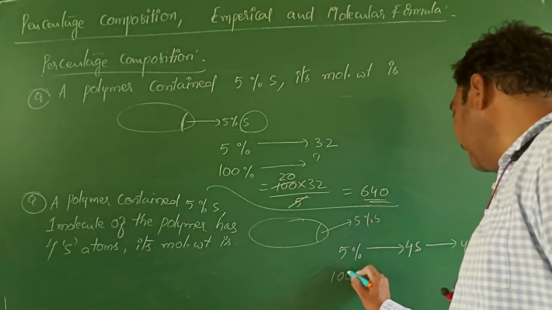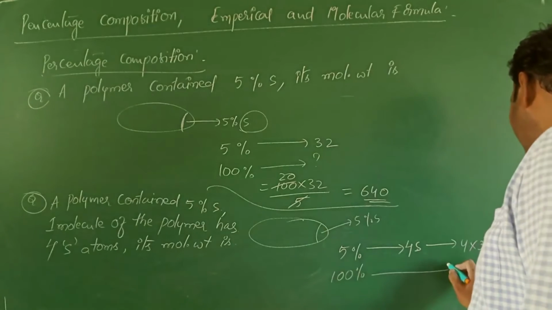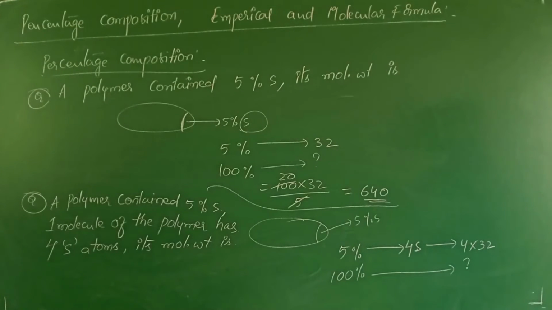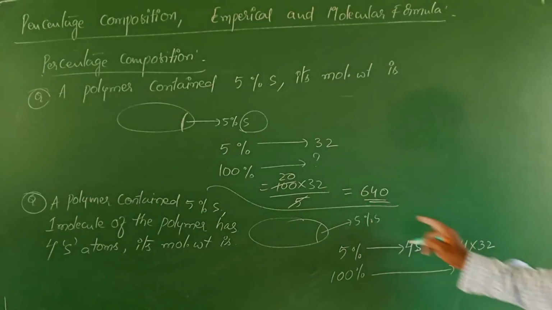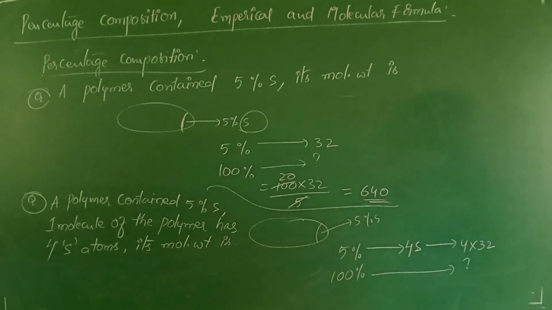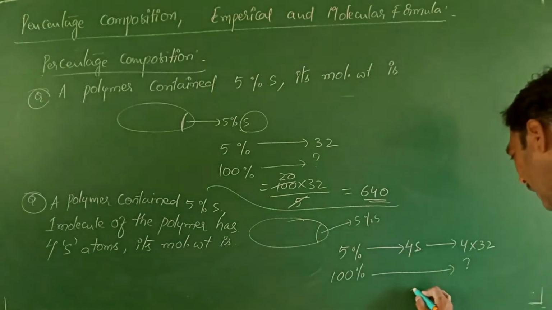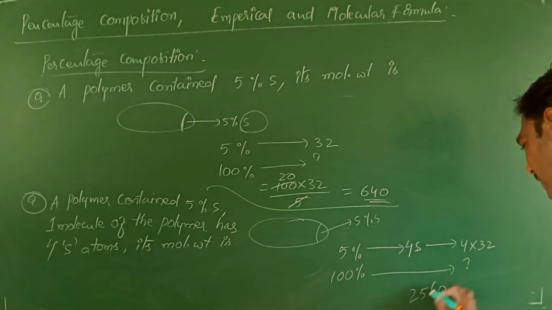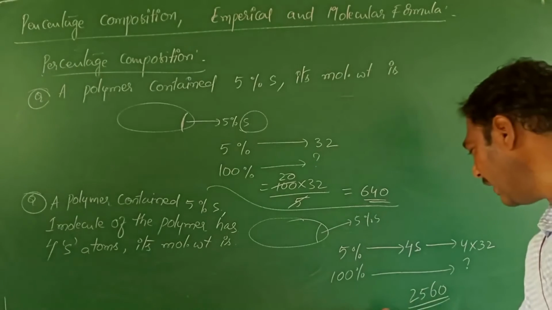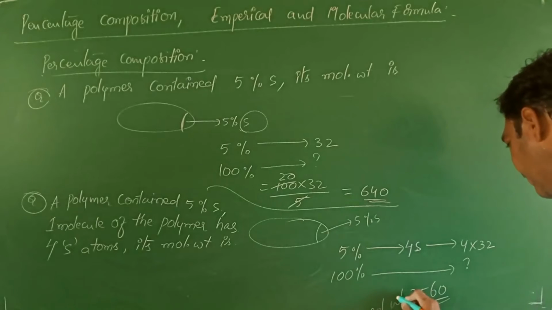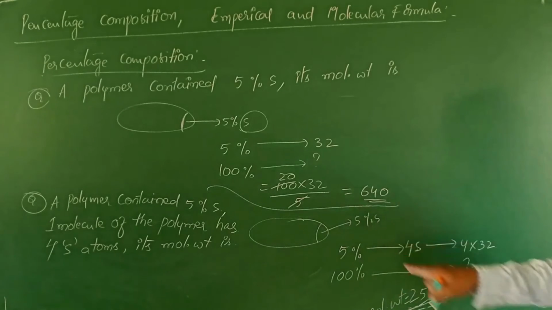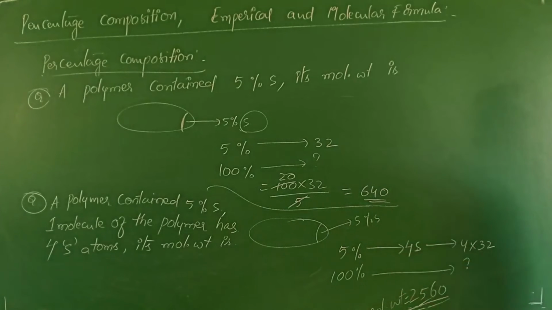Now, we need the molecular weight, that is, 100% weight equals how much? From here to here, what is the difference we have seen? 4. That means you multiply 640 with 4. 4 6s are 24, 4 4s are 16. Therefore, you will get the answer as 2560. This will be the molecular weight. Right, students? Understanding the concept here? A slight variation in the problem. Please make a note of that.